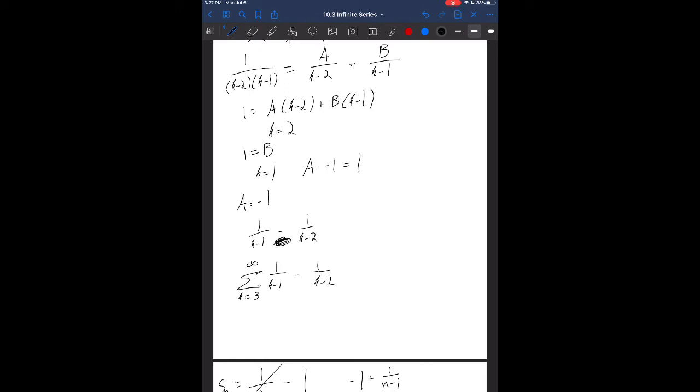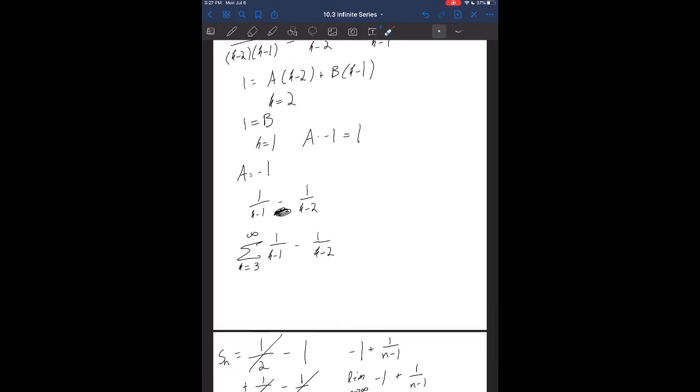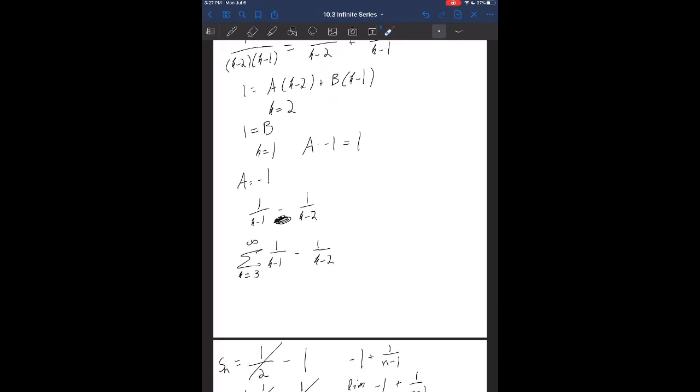And I just realized that I made a mistake here with my positive and negative, so let's go back and fix that really quick. I actually have these a's and b's flipped. So this should be a b, and this should be an a. The reason I made this mistake is when I multiply the left and right side by k minus 2 times k minus 1, I will get a b times k minus 1 because the k minus 2's will cancel.